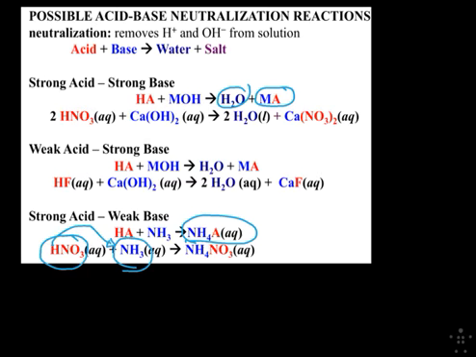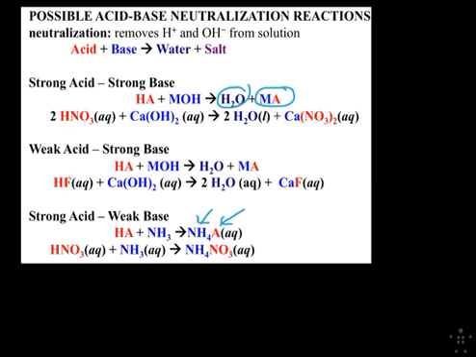So we get just our salt out of this. So very simple, but we're missing the extra water. And like I said, NH3 is the only weak base we're going to see in Chem 1. And so put any strong acid with NH3 and you're going to get the ammonium cation, NH4+, with some sort of an anion. Those are the only reactions we're going to see in Chem 1 in general.